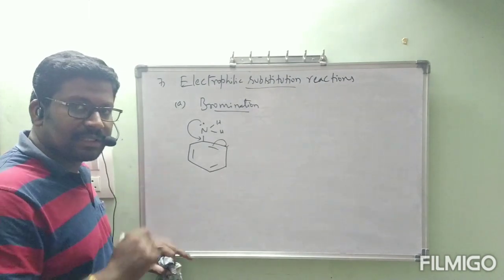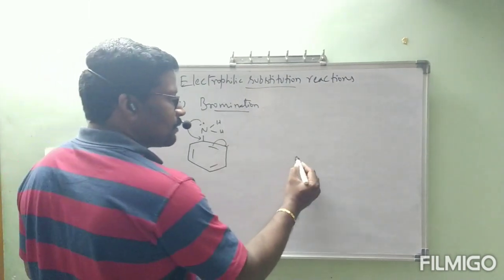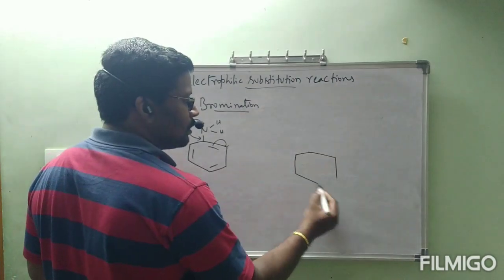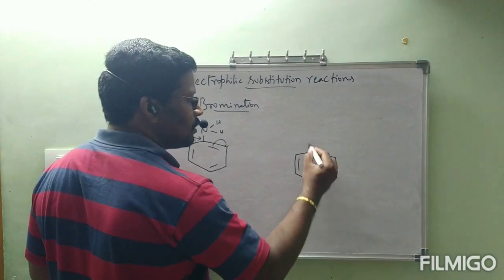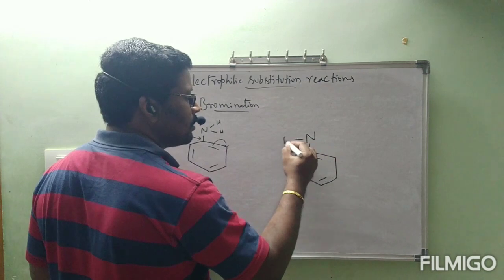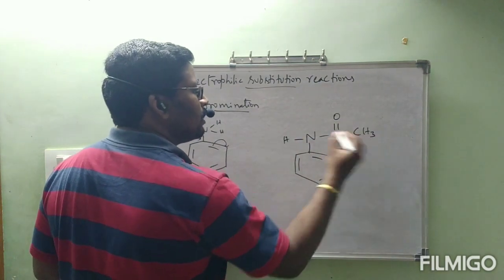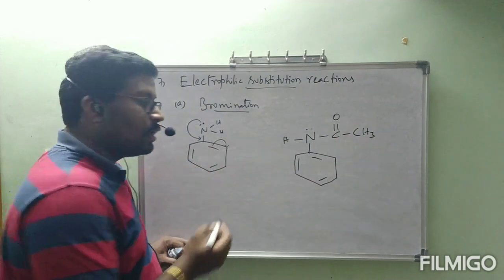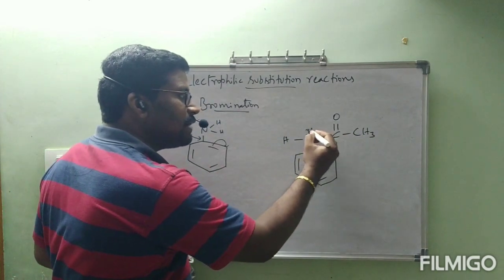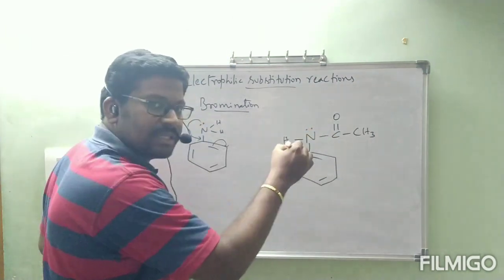Now, when it is converted to acetanilide, this lone pair of electrons will be available for benzene ring resonance.